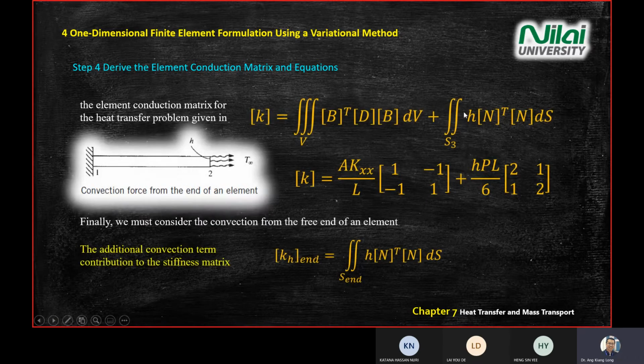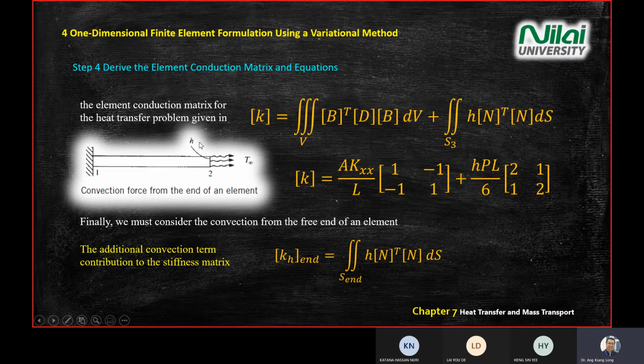So this page is important. Basically, it summarizes step number 4. You write this equation, and you look at the scenario. If you need to consider the end conduction, or you are given a scenario where there's a curly arrow coming out from the end, then you must add the third term inside the equation above.